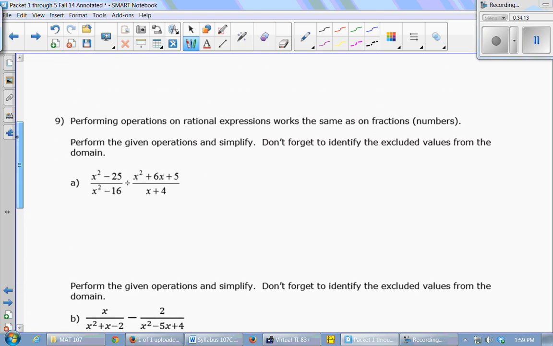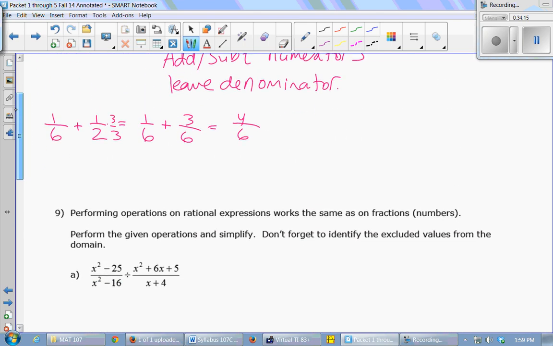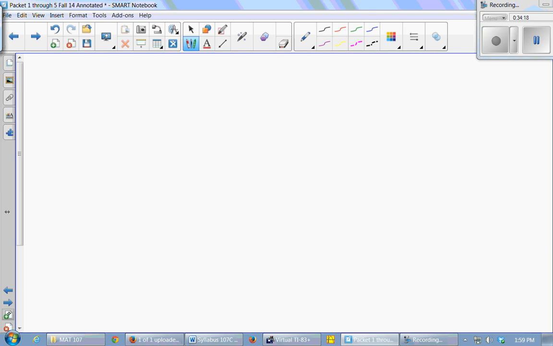All right, what about multiplying and dividing fractions? I'll write this on a new page. Multiply or divide? We'll just do multiply. How do you multiply two fractions? Yes.